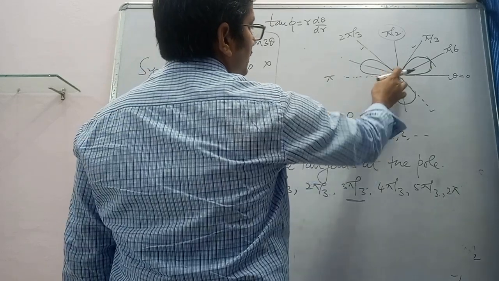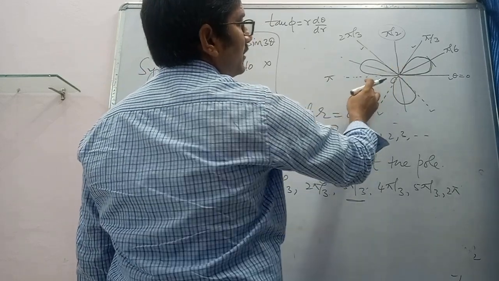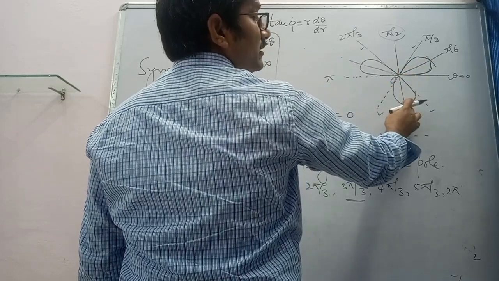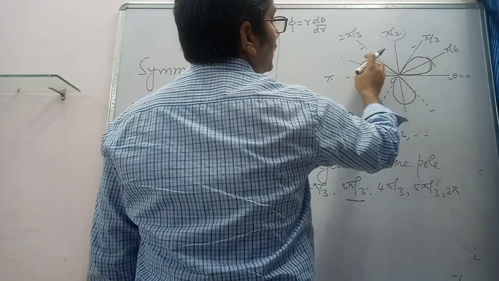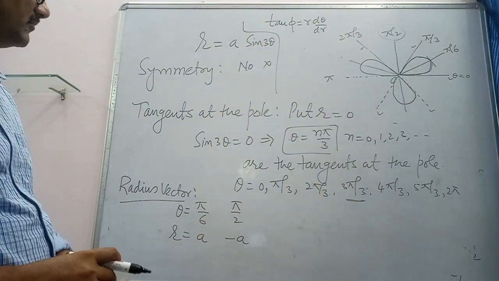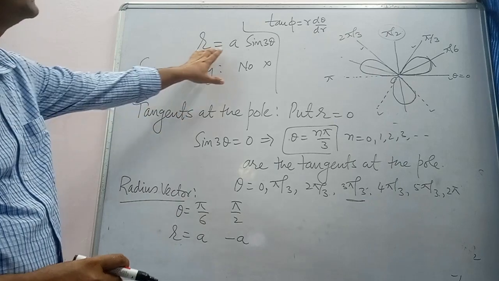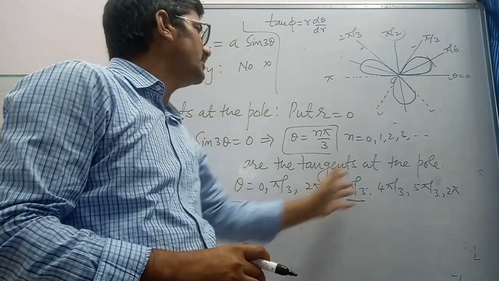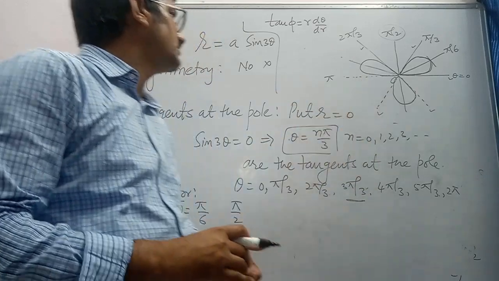But if you move in this direction at this angle, r will be again negative, and then here will be positive, and then again negative. It means these values will be repeated. So we have traced this curve, means 3 leaves by adjoining all these points, and this is the curve.